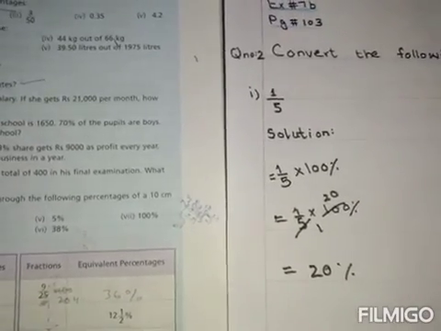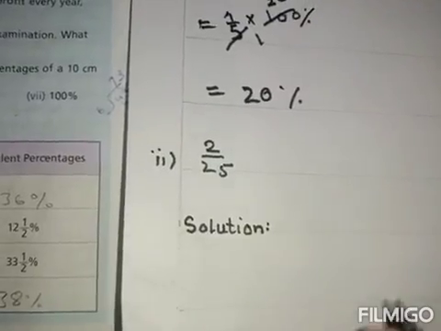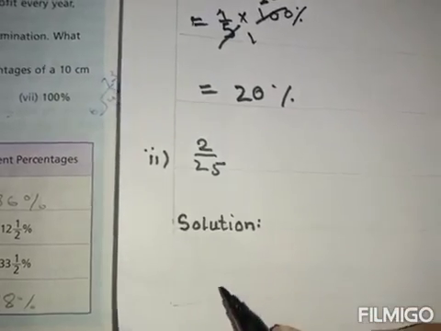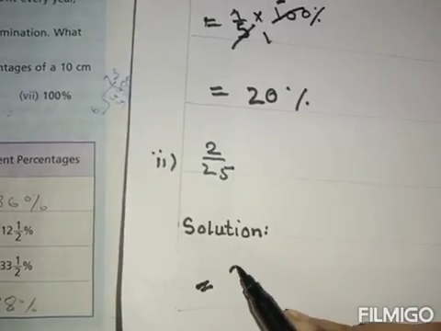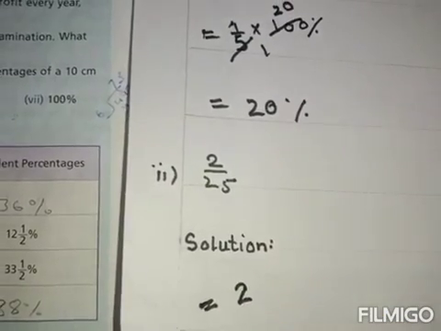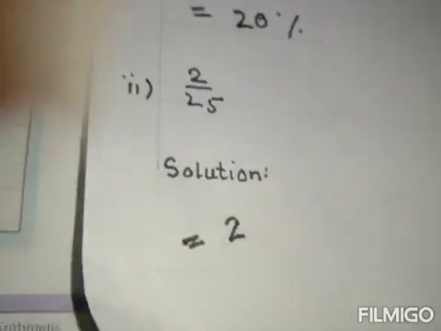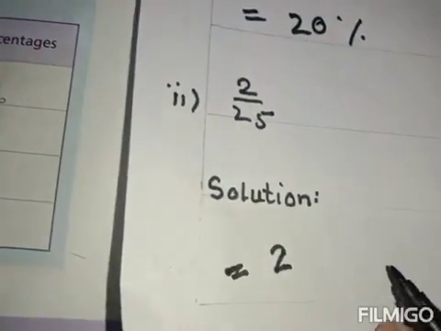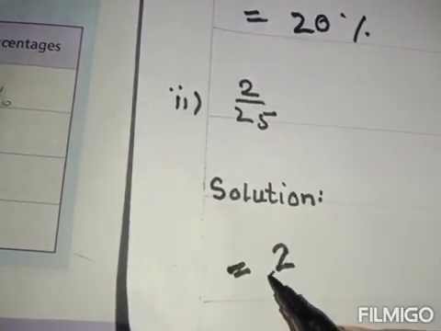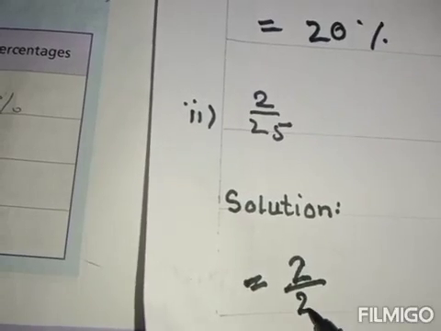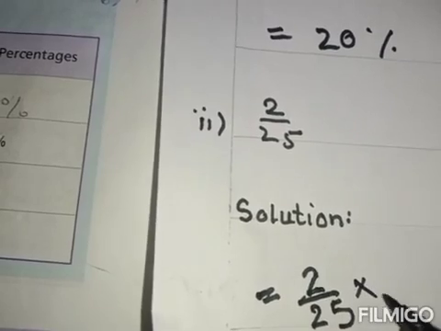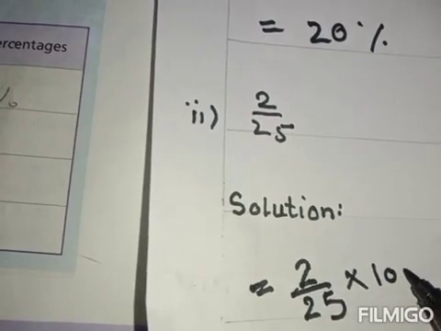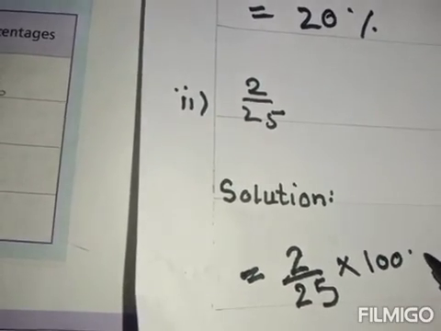It is easy, na? Let's see another part. Now, second part is 2 over 25. Students, the procedure is the same. You will just multiply it. 2 over 25 multiply by 100%.